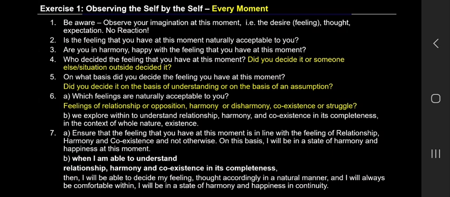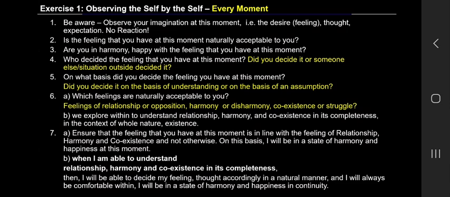So in exercise 1, we are trying to be in a state of pure observer. So once I am in a state of pure observer, I can see my sanskar, I can see feelings, I can see my imagination in completeness.